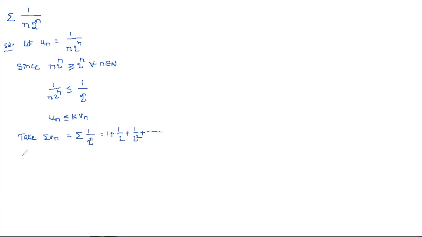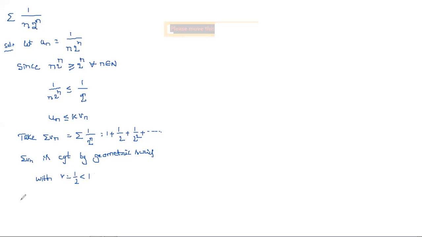So simply we can write, summation Vn is convergent by geometric series with R equal to 1 by 2, which is less than 1.